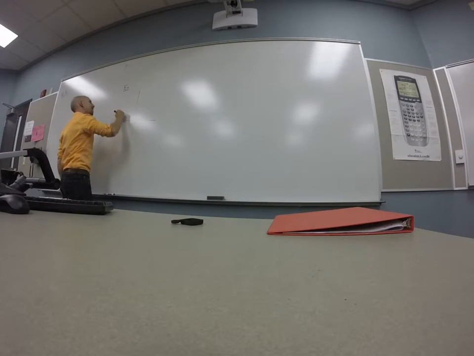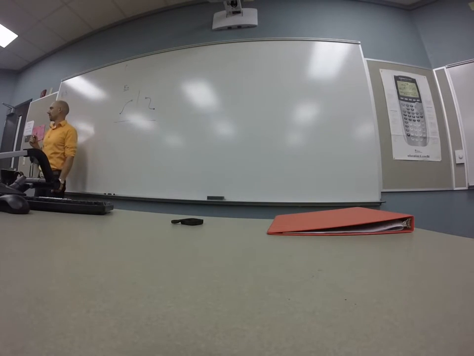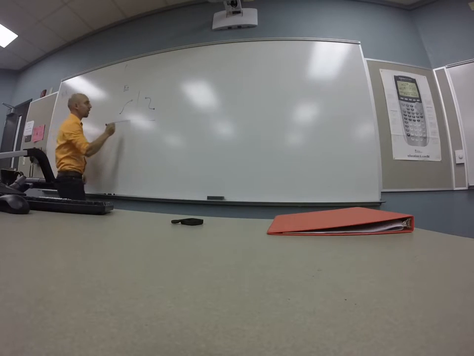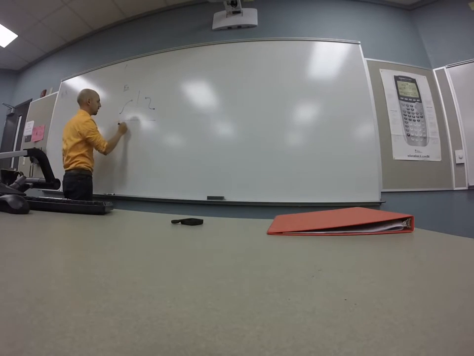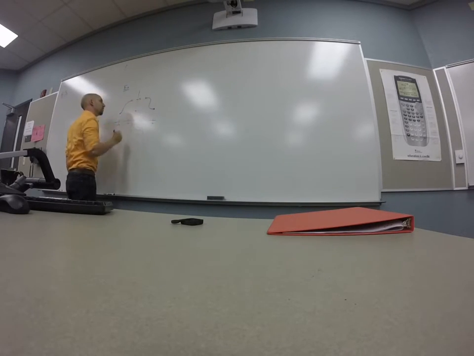Sorry. If we had a function that looked something like this, pretty cool. Function, 2 pieces, whatever. If I think about, all right, maybe here's -1, -2, 1, 2, 1, 2.